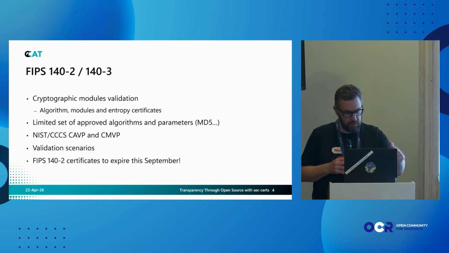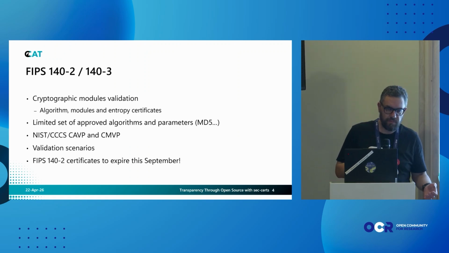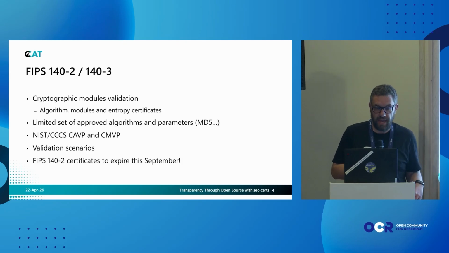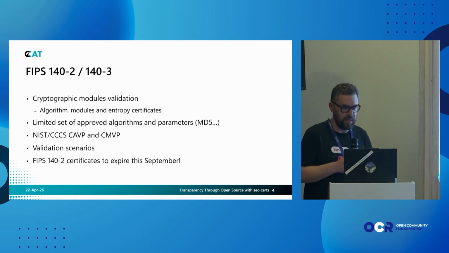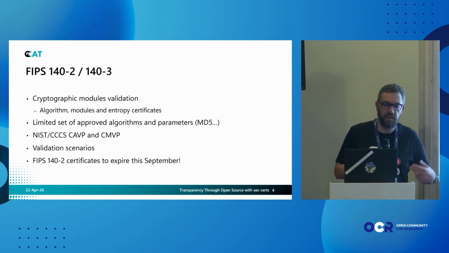I will maybe go now to FIPS. For FIPS 140-2 and 140-3, one note: 140-2 expires this September. So now it's only 140-3. It's the Cryptographic Module Validation Program. It contains algorithm validation, module validation, and entropy validation. So we receive three certificates for different things.